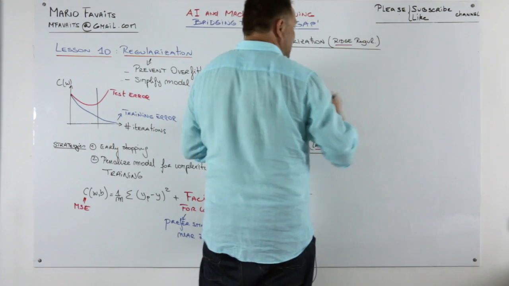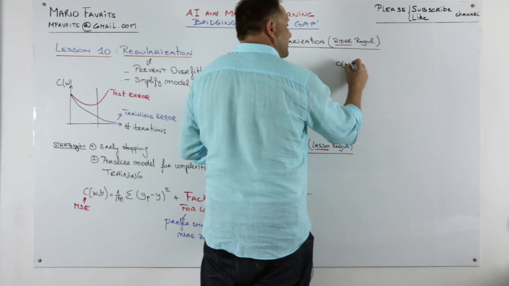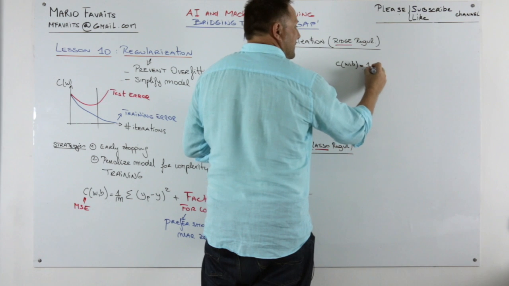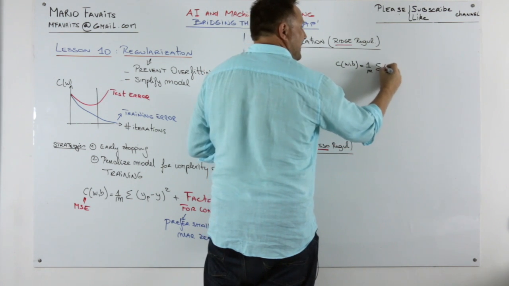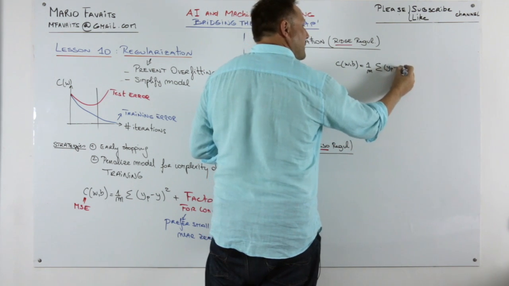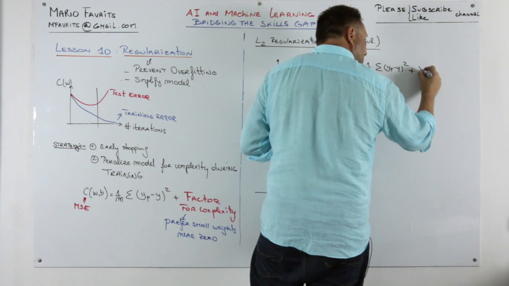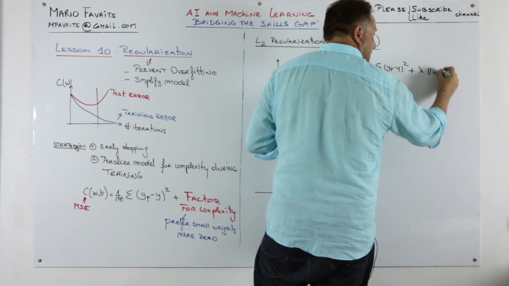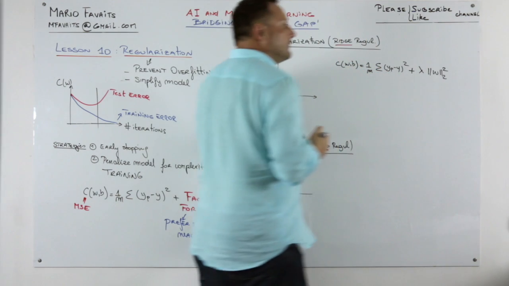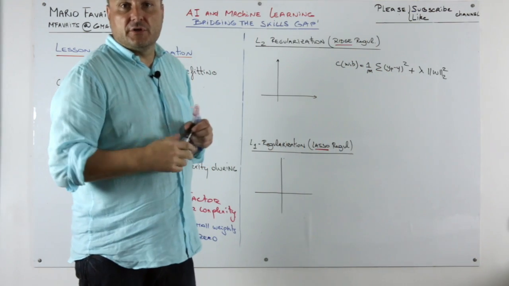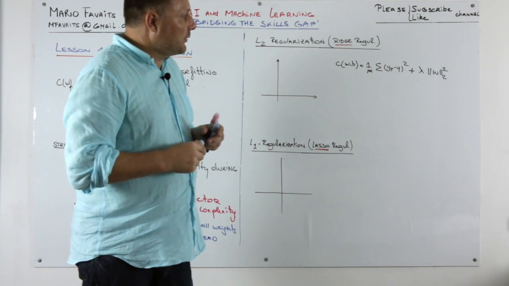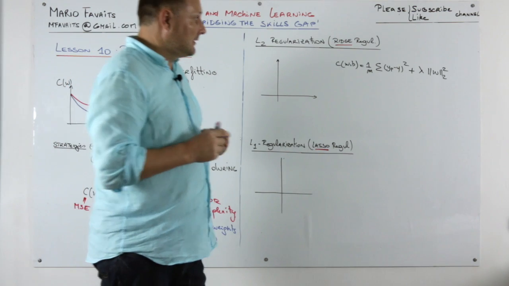Basically, L2 regularization takes your cost function, 1 over m, and then y predict minus y squared, and then it adds lambda times the L2 norm of the weights. Yeah?